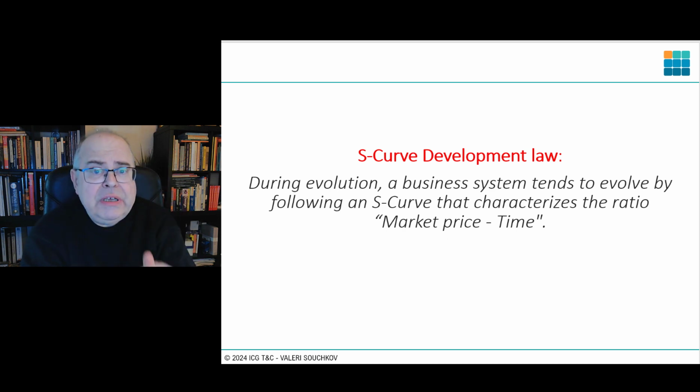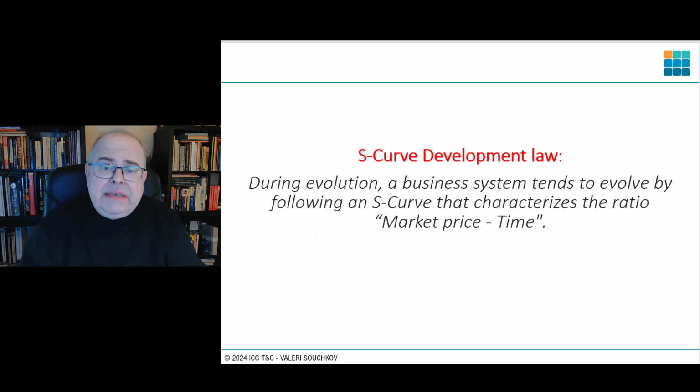But what do you put along the vertical axis? Altshuler believed that it would be one of the major parameters which characterizes the technical system. For instance, if we talk about a car, the major parameters would be speed or the power of its engine. So we're looking at a growth of power which follows an S-curve, or growth of speed which follows an S-curve.